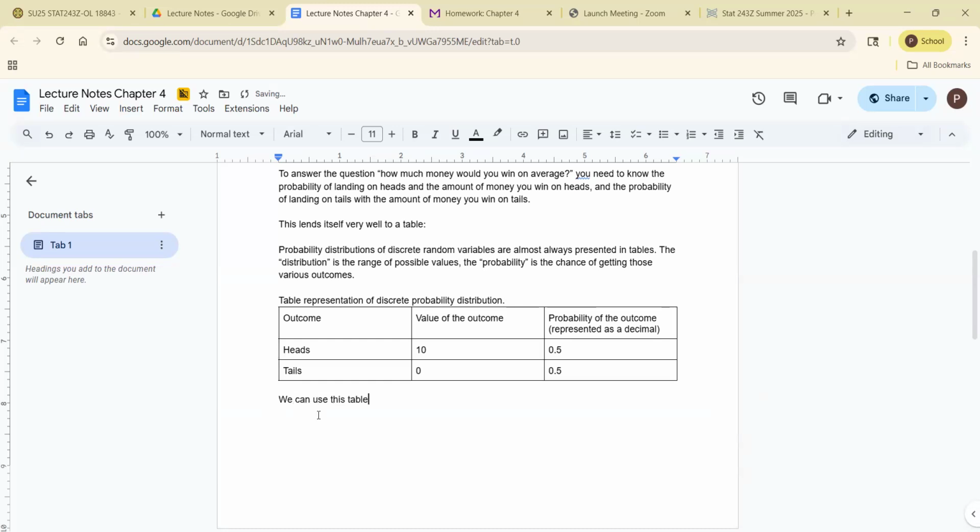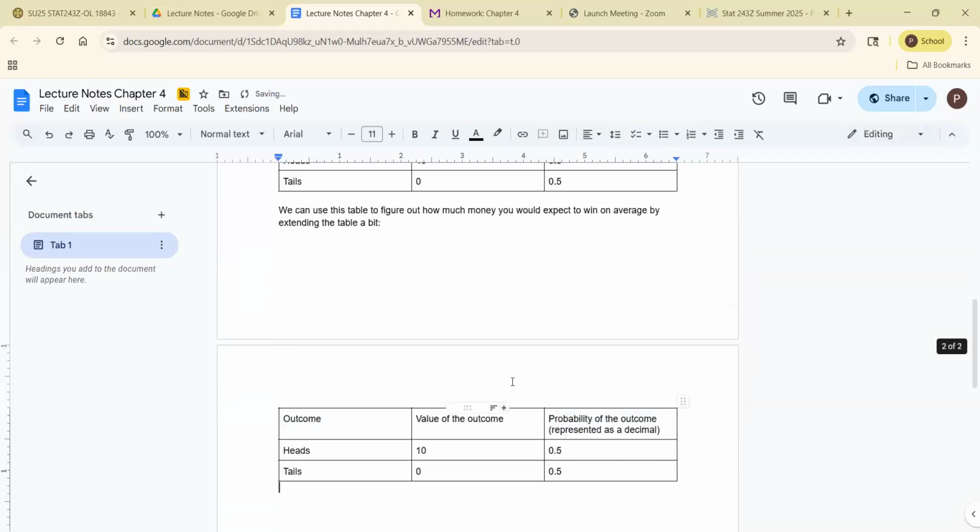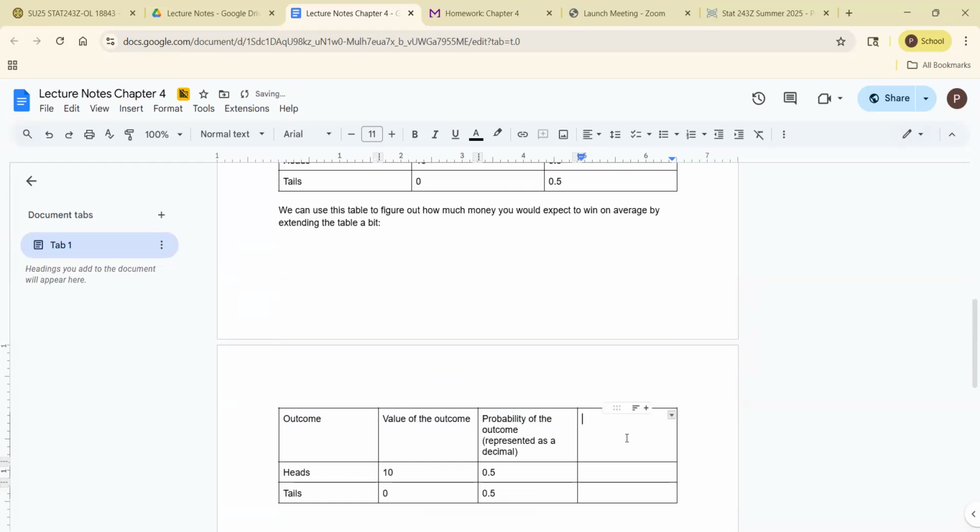We can use this table to figure out how much money you would expect to win on average by extending the table a little bit in the following way. So let's copy the table and add a column to the right. We're going to do the value times the probability here.